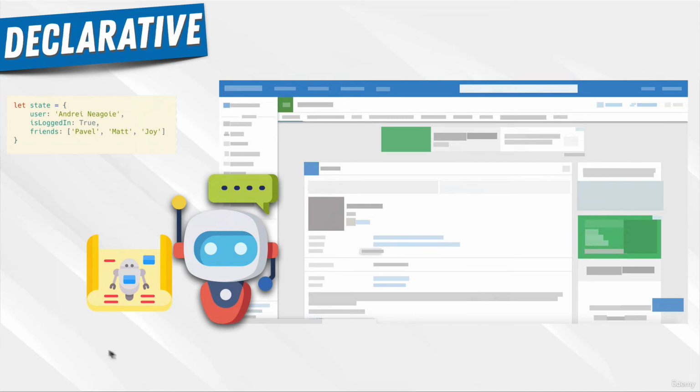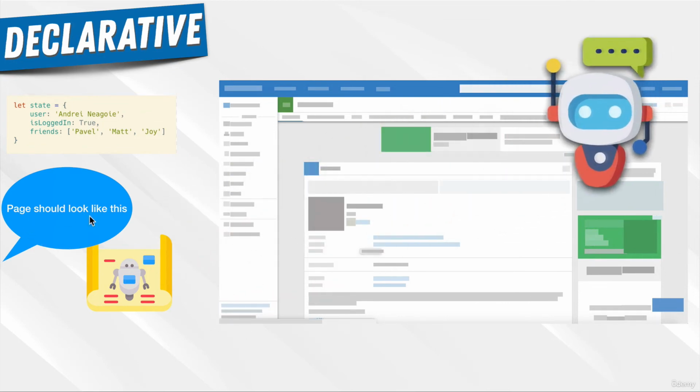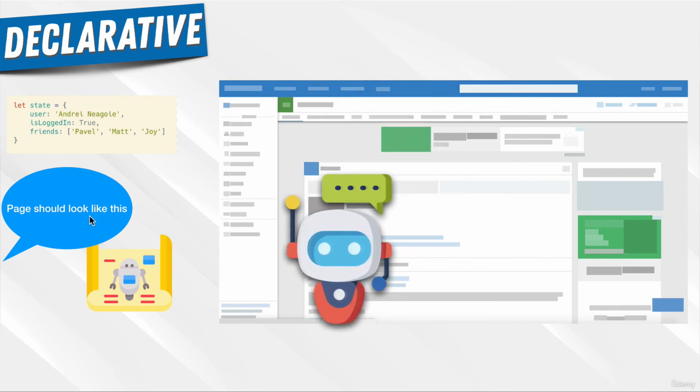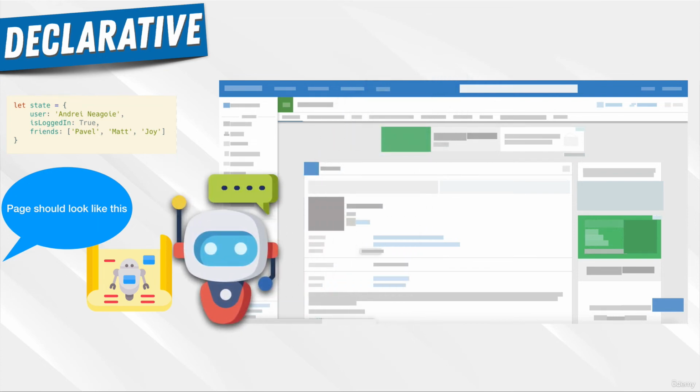And based on this blueprint that we give it, well, React just says, hey, just tell me what the page should look like, and I'll take care of it. I'll do everything for you. I'll find the best way to use the DOM. You're never going to touch the DOM. Just tell me what the page should look like.